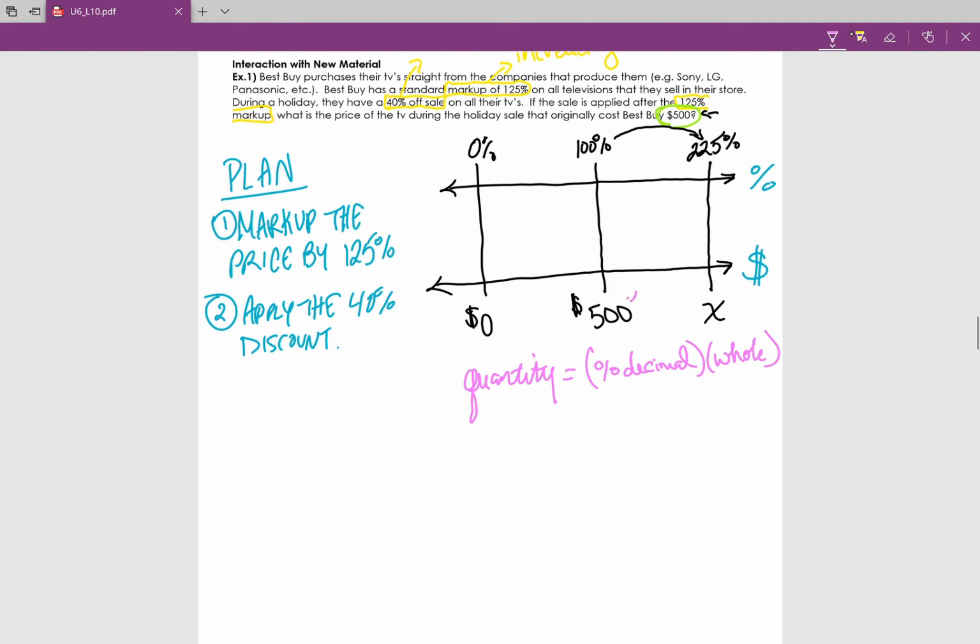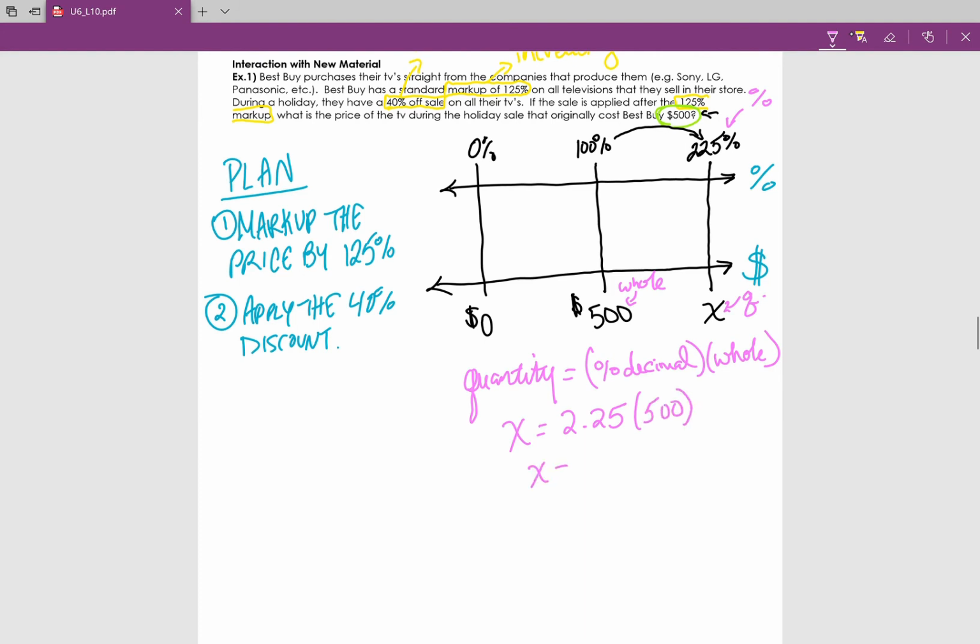Again, our whole is always equivalent to 100%. This is our quantity, and this is our percent. So quantity we're solving for, that would be x, equals our percent as a decimal, which is 2.25 times 500.